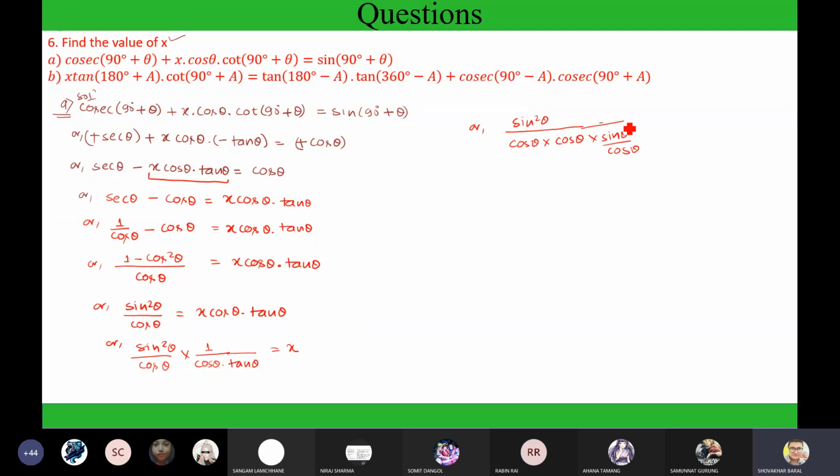I am changing this tan in terms of sin and cos, so that our simplification will be easier. Cos theta and sin theta, so these two cos theta are cancelled. So what remains here is sin theta, and this sin theta is also cancelled. So what remains is sin theta upon cos theta. This is equals to x, or tan theta is equals to x. Therefore x is equals to tan theta. We have got the result now.